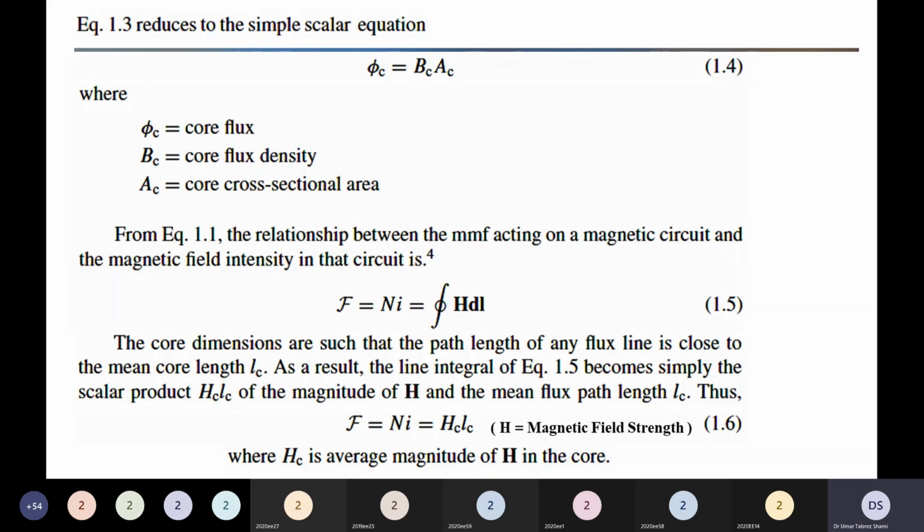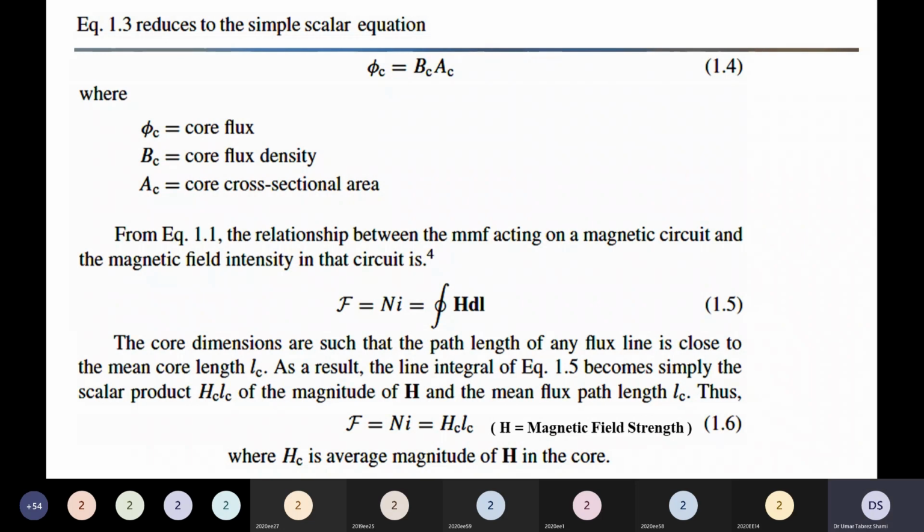It is the relation of MMF and the magnetic intensity and dl, a small portion of the length. dl represents the path length or a small portion of the path length, and the line integral of equation 1.5 becomes simply the scalar product of the magnitude of H and the mean flux path length LC.